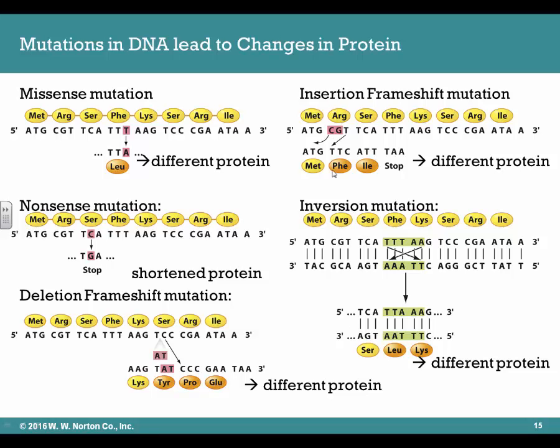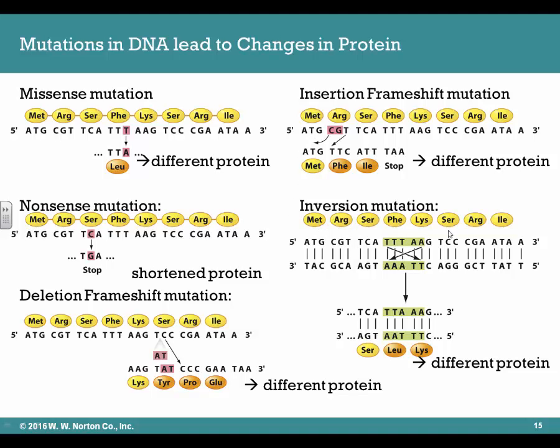There can also be, instead of a deletion leading to a shift in the reading frame, an insertion, so an extra base inserted during replication can again lead to a similar problem of you getting a completely different protein after that point in the amino acid sequence.